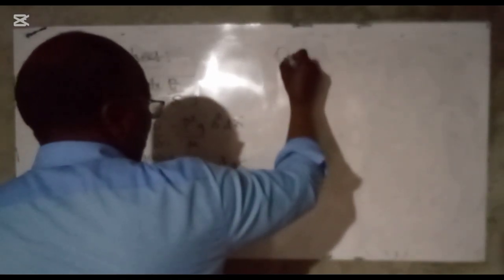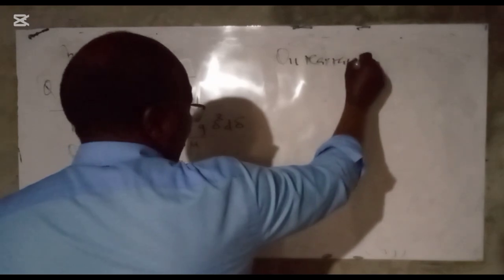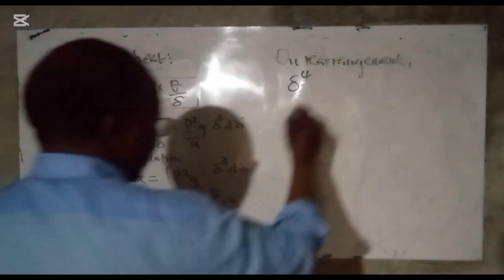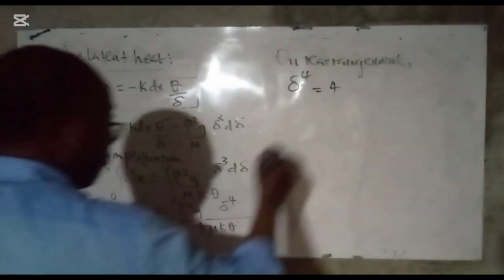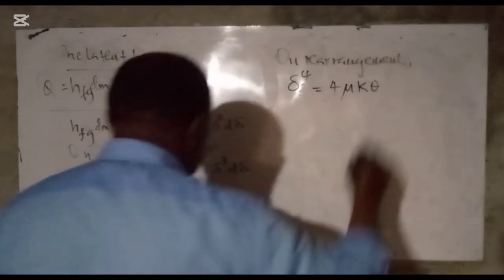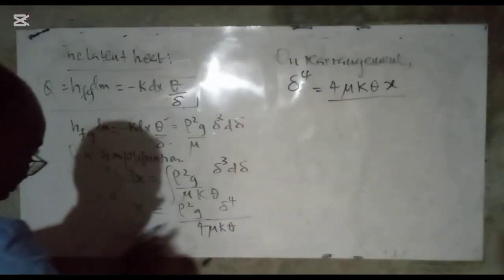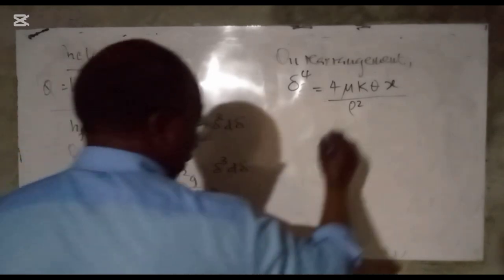On rearrangement, sigma to the power 4 will be equal to 4 mu k theta x, just cross multiplying, divided by rho squared g.